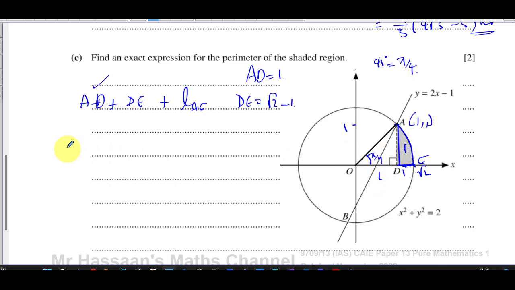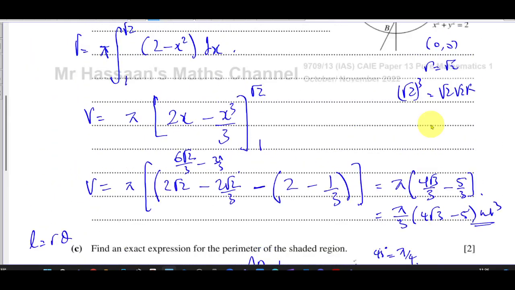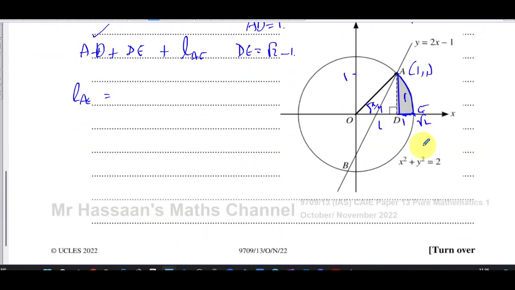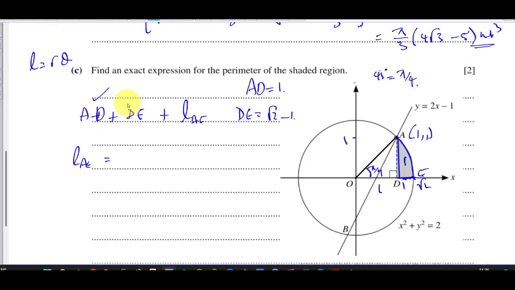So we can say the length of the arc AE is given by the formula. We know the length of the arc is given by r theta. So the radius of this circle is root 2, as we know. So r is going to be root 2 times theta, which is pi over 4. So it's root 2 times pi over 4.